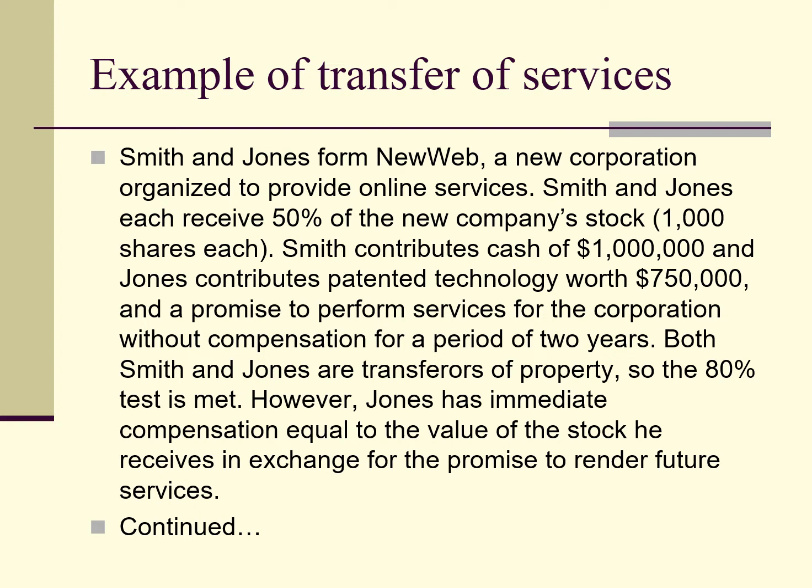Smith contributes cash of $1 million, and Jones contributes patented technology worth $750,000, and a promise to perform services for the corporation without compensation for a period of 2 years. Both Smith & Jones are transferors of property, so the 80% test is met. However, Jones has immediate compensation equal to the value of the stock he receives in exchange for the promise to render future services.